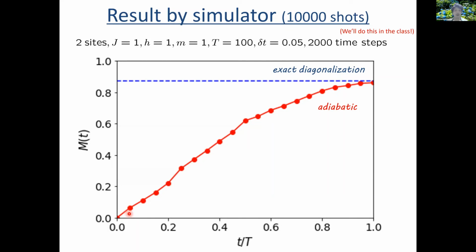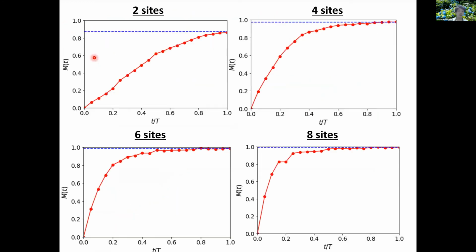We see that as we increase time, the magnetization approaches the correct result. This is the result for the two-site Ising model. Here is the result for other values of n. Similarly, we see that the result of adiabatic state preparation approaches the correct value as we increase the adiabatic time.